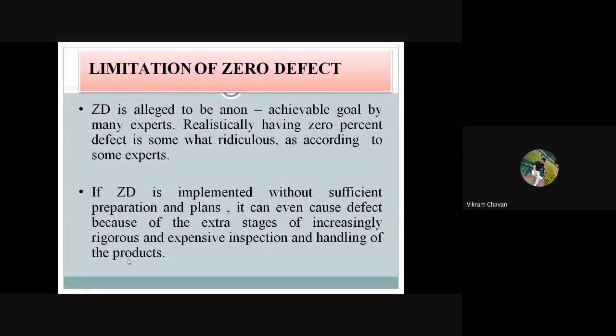Okay, so the second thing is that while striving for zero defects, we have to perform various inspections on the same product, and there is the cost of that inspection or of handling equipment from one location to another. Let us say we have to move products from the production department to the quality department for inspection purposes.